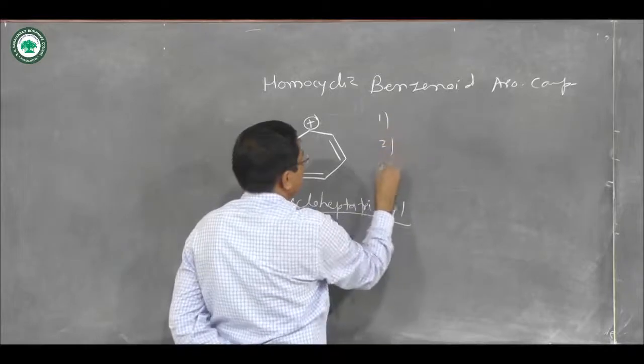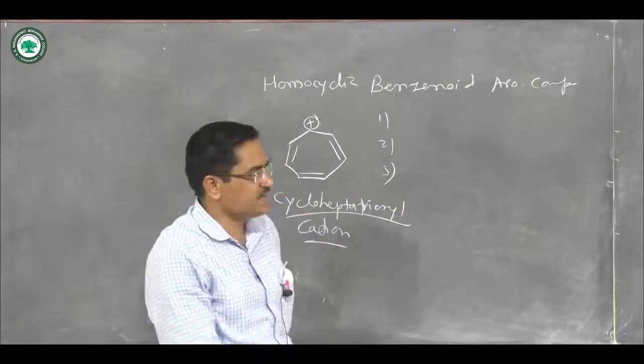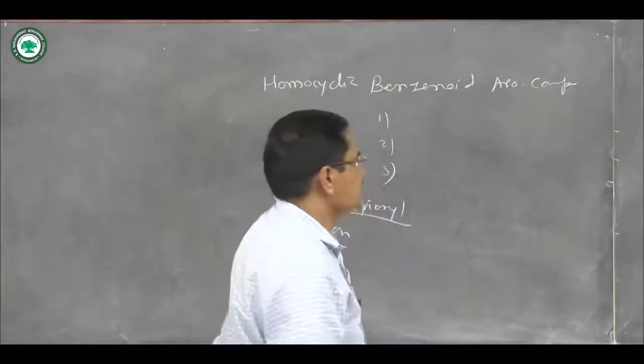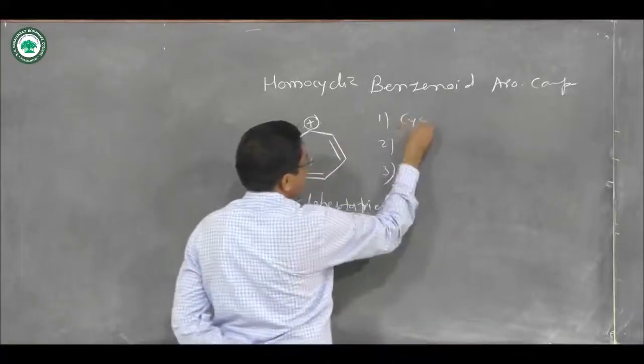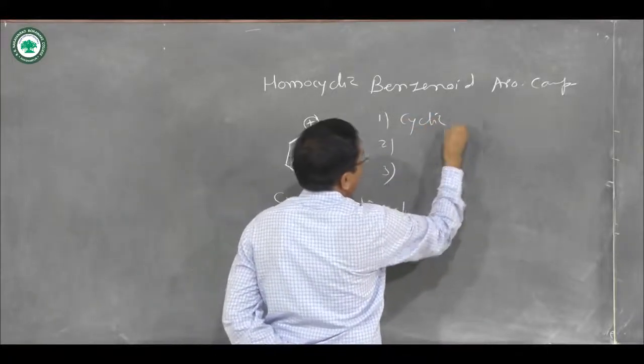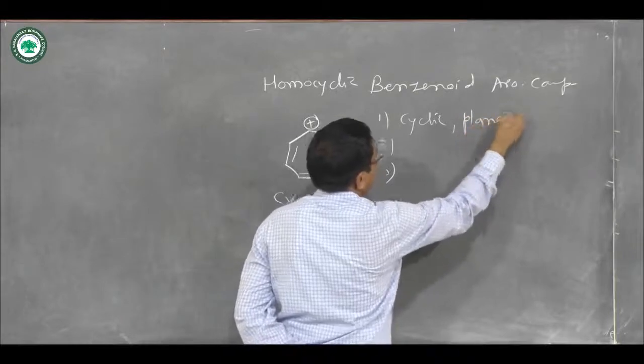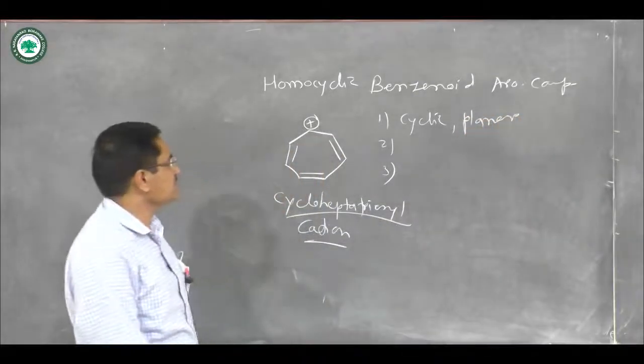Now again we will apply these three criteria. That is, it is cyclic. Yes, it is cyclic. It is planar. Yes, it is planar, because all carbon atoms are sp2 hybridized.